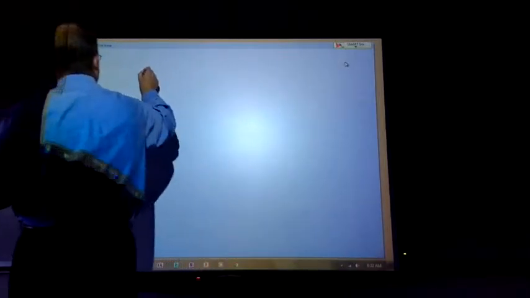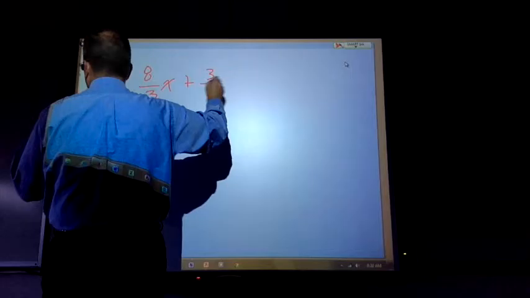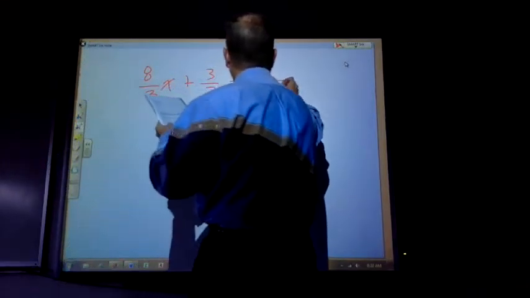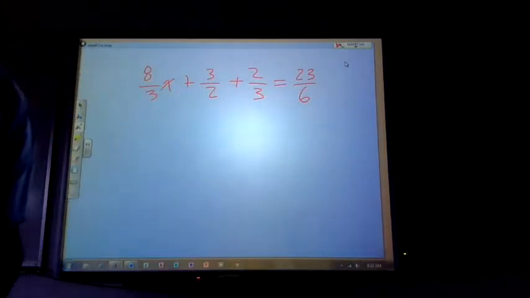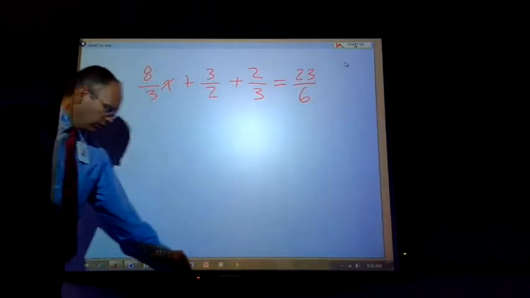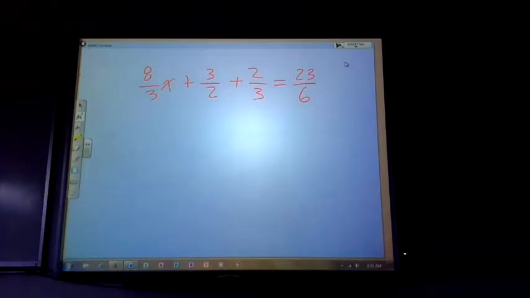So number 17, we have 8 over 3 x plus 3 over 2 plus 2 over 3 equals 23 over 6. This looks like a problem very similar to what you would have had on the test. Okay? And this kind of problem creates panic. Because you have the F word.